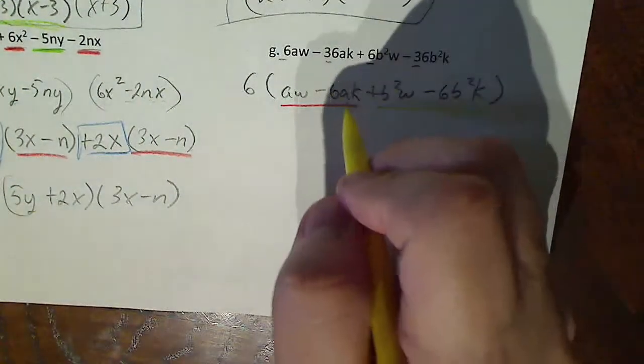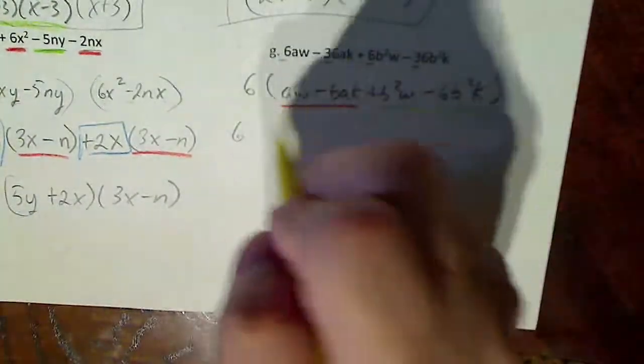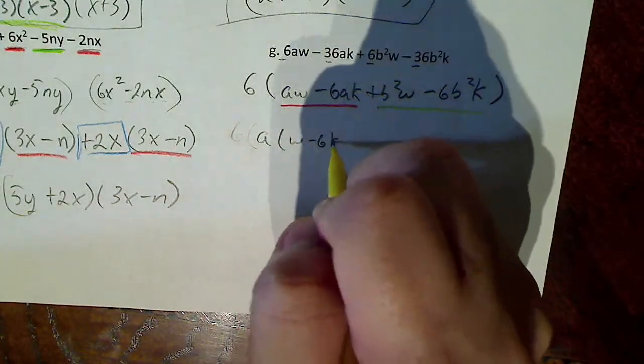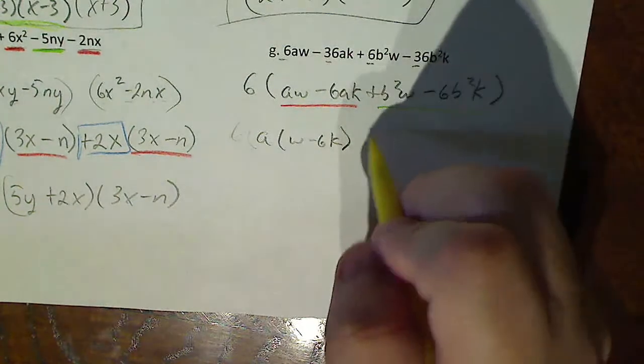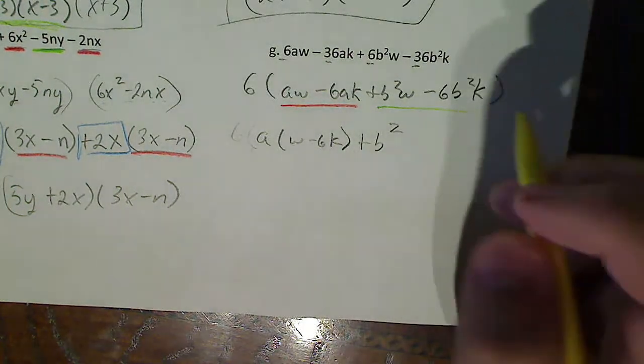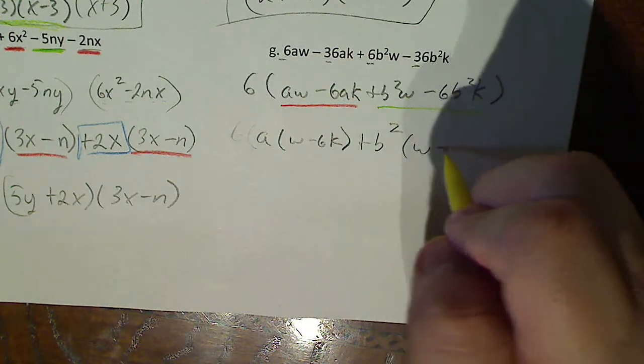Okay. So then this becomes 6 times, actually, I'm going to write that last. So this would become A times W minus 6K plus B squared times W minus 6K.